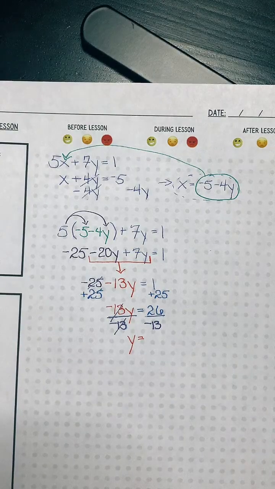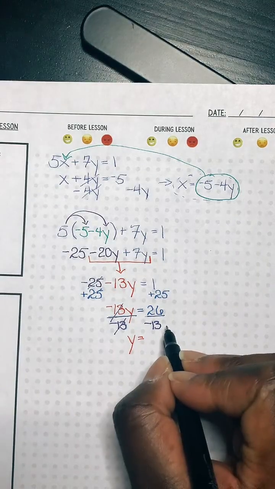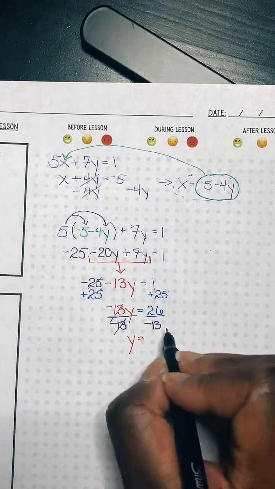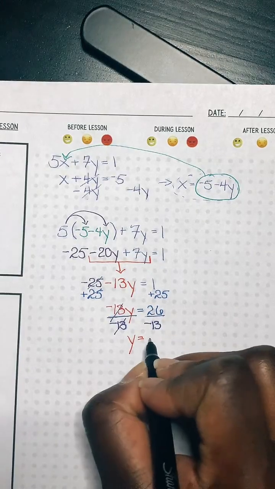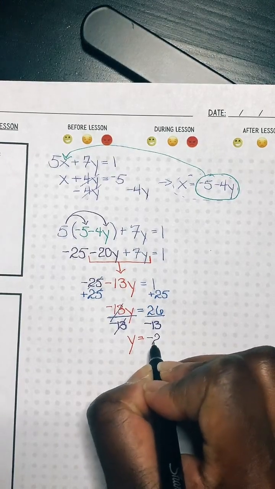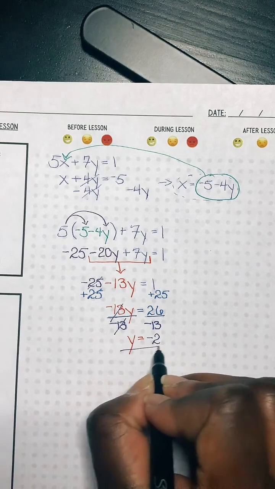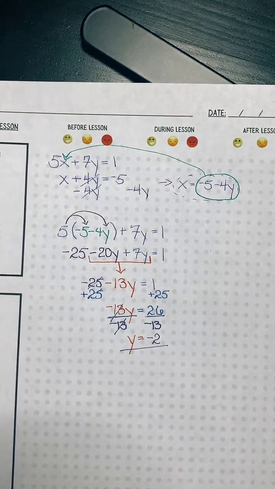Okay, got a negative 2. Okay. All right. So, good. So, 26 divided by negative 13 does give me a negative 2. So, that's what y equals.